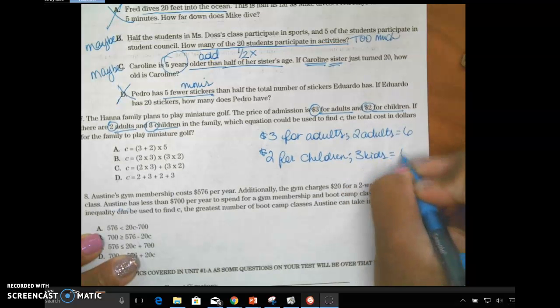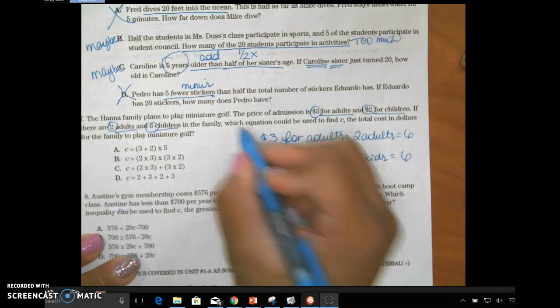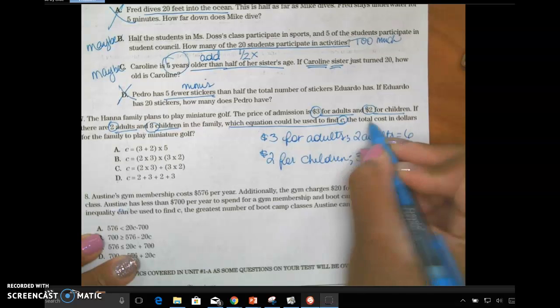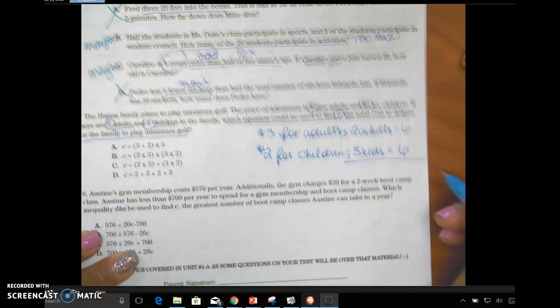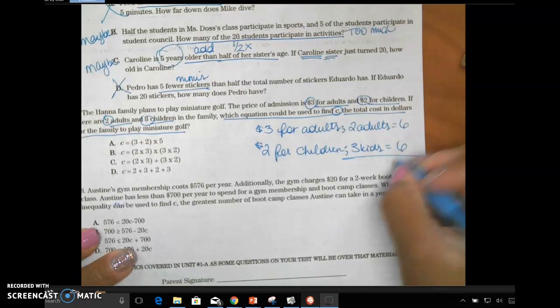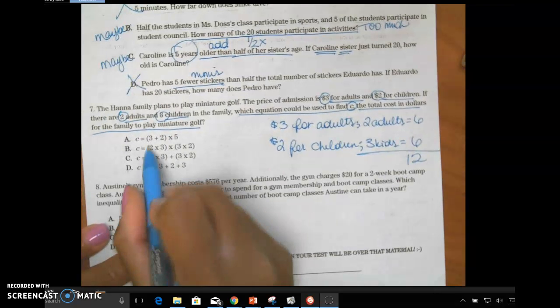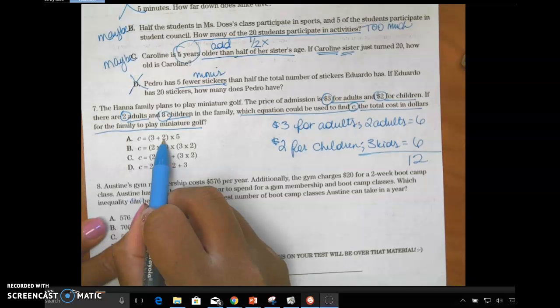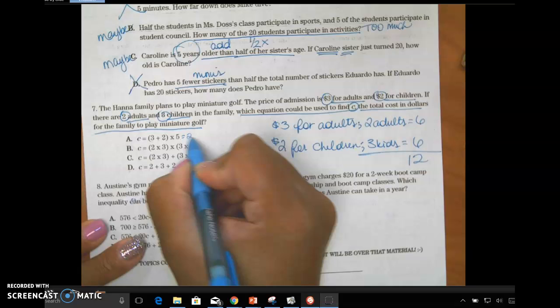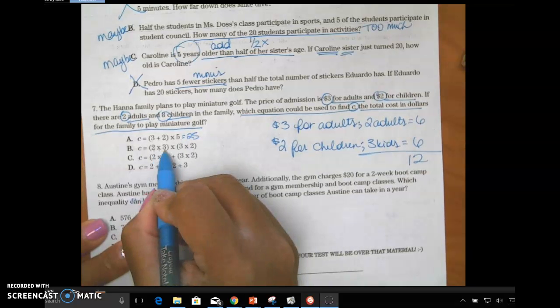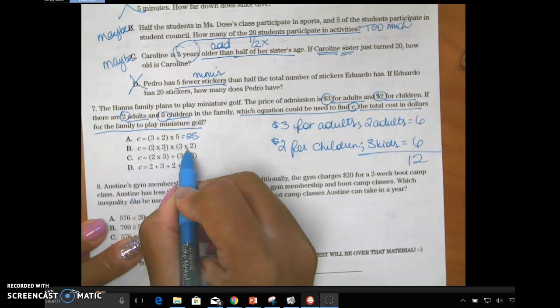$6. $6 again. Which equation could be used to find C, the total cost in dollars for the family to play miniature golf? How much is the total for all of them to play? 12. Which answer gives me 12? What's 3 plus 2? 5. Times 5? That's 25. What's 2 times 3? 6.